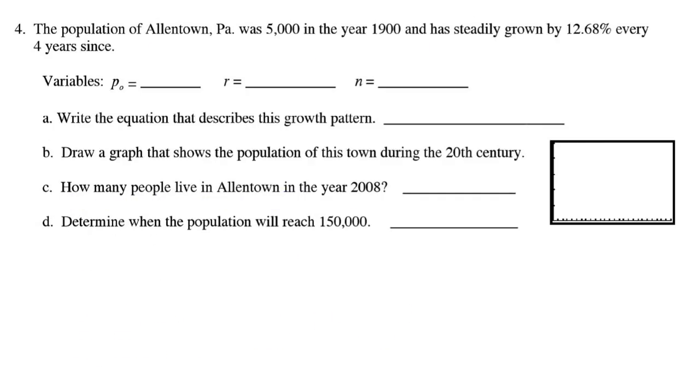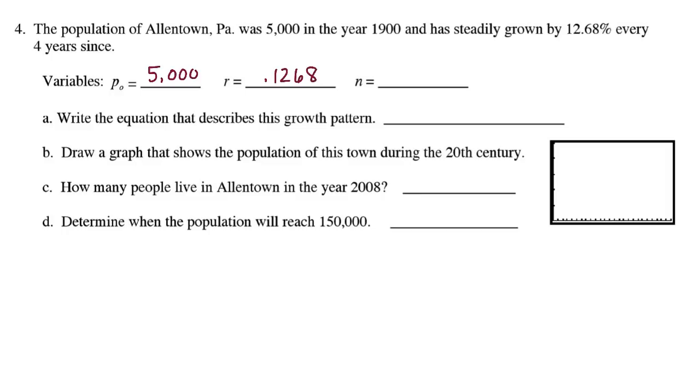So for our next problem, we're told that the population of Allentown, Pennsylvania was 5,000 in year 1900 and has steadily grown by 12.68% every 4 years. So let's go ahead and plug in. Our initial population is going to be 5,000. And then our rate, 0.1268.